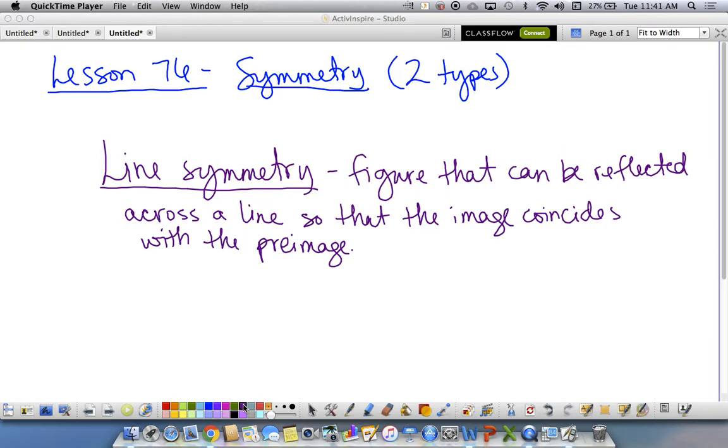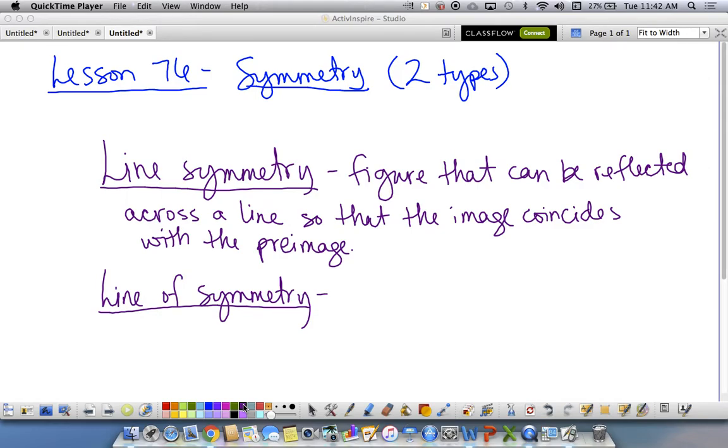The line that divides the figure into two congruent reflected halves is the line of symmetry. So you have a line of symmetry.